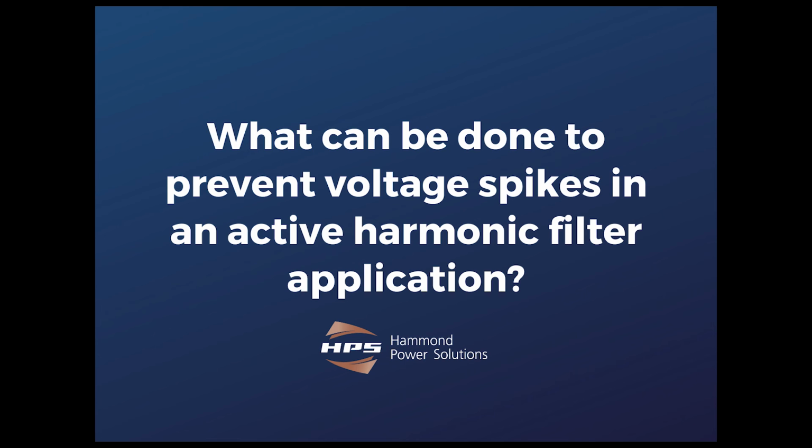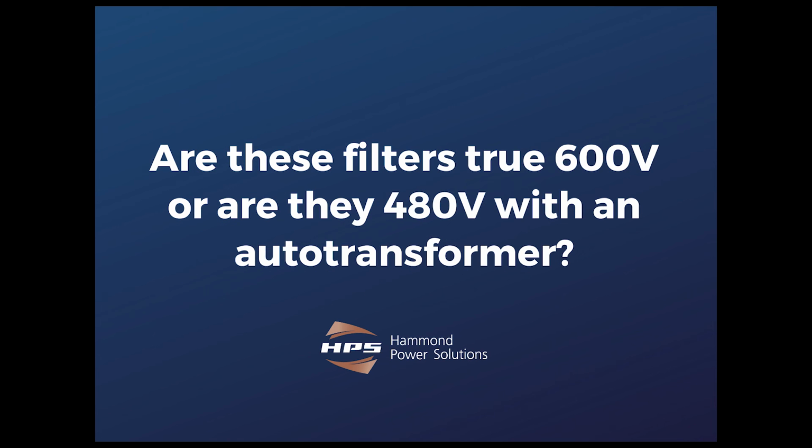Yeah, I would agree, Mike, that you need to use some form of transient voltage surge suppression separate from the active filter. Okay. Bob, the next question is, are these filters true 600 volt or are they 480 volts with an auto transformer? So good question. They are in fact a 480 volt rated device, and we use an auto transformer at the input to achieve 600 volts.